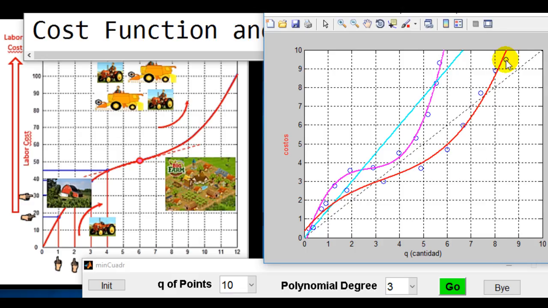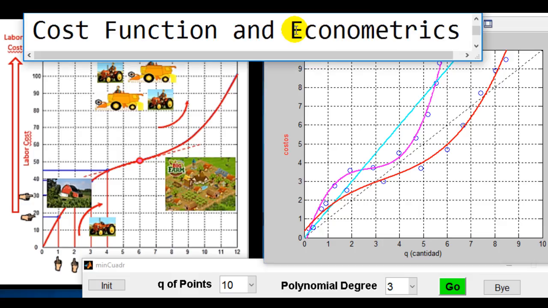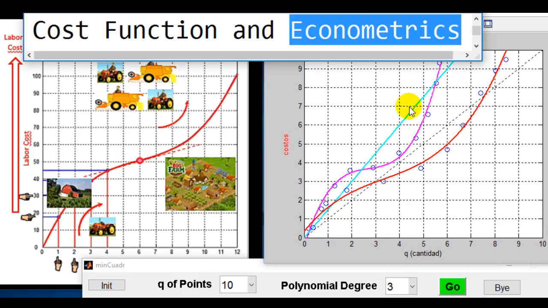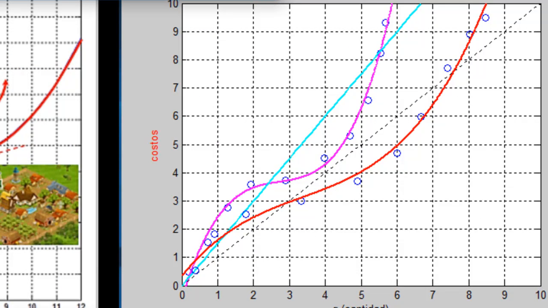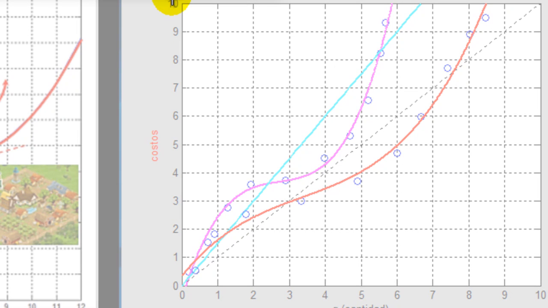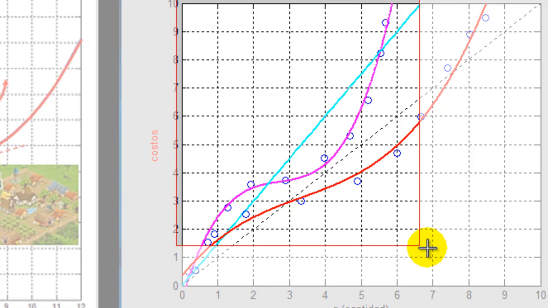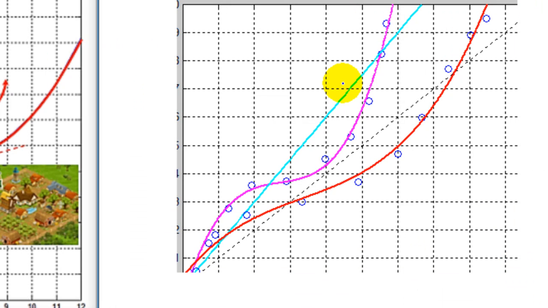In the next video we are going to see more details about the econometrics, how you can find the best polynomial of degree 3 that fits these points. But now I want to see another important issue. Let's take this curve and analyze the following thing.